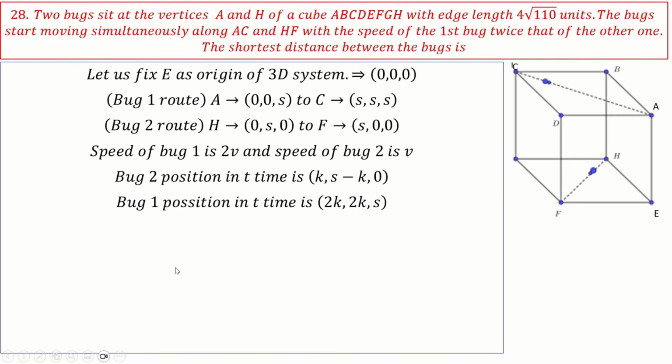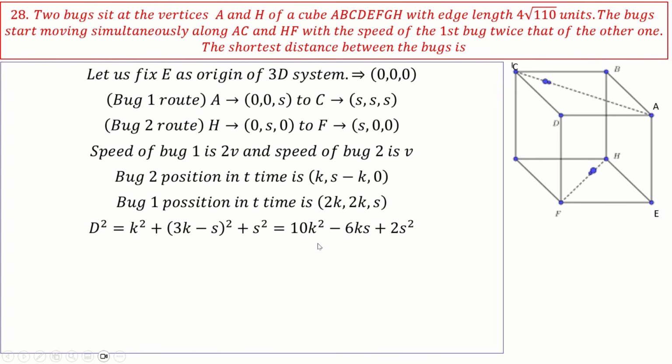Now all I need is the distance between these two coordinates. If I take d square, I am eliminating the square root. It is x1 minus x2 whole square plus y1 minus y2 whole square plus z1 minus z2 whole square, which is k square plus (3k minus S) whole square plus S square, simplified here. Now S is a constant and k is a variable, so this is a quadratic equation.